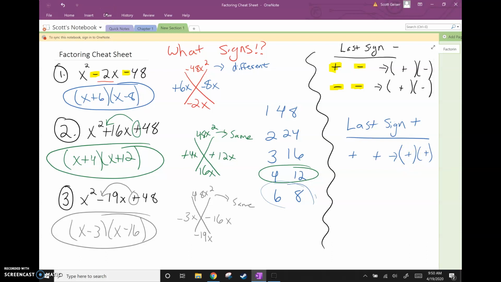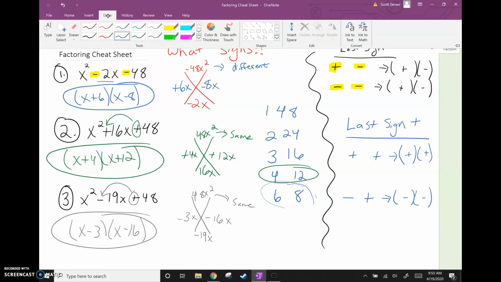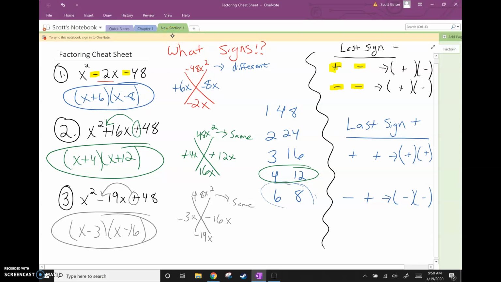If I have the last one positive and the first one negative, they're going to be the same, but now I look back and they're both negative. Again, this one here is positive, which tells you they're the same. Look back: positive, positive. So if the last one's positive, you look back, and that tells you it'll be a positive and a positive in your final answer.